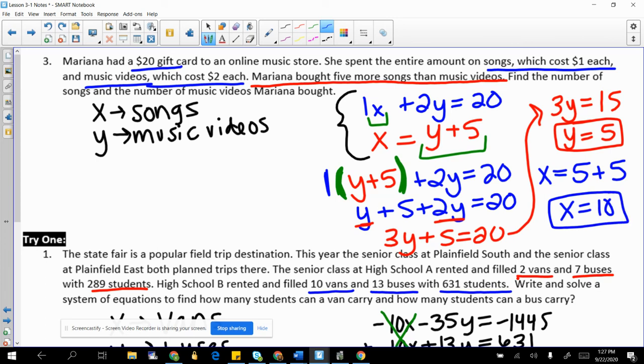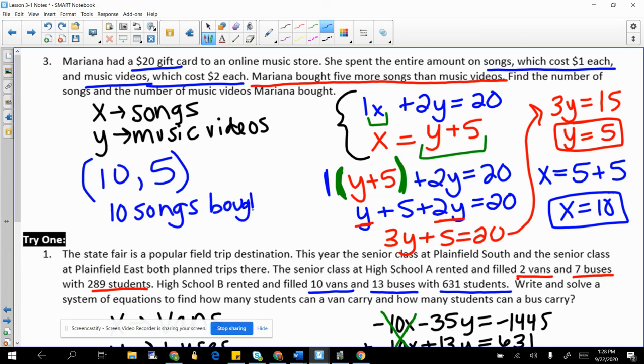Okay, so now I would write that as an ordered pair, 10, comma, 5. And I know that Mariana bought 10 songs bought, and 5 music videos bought.